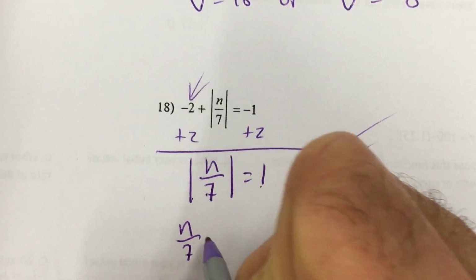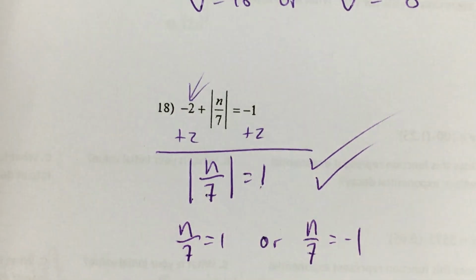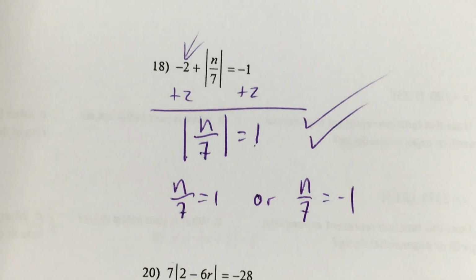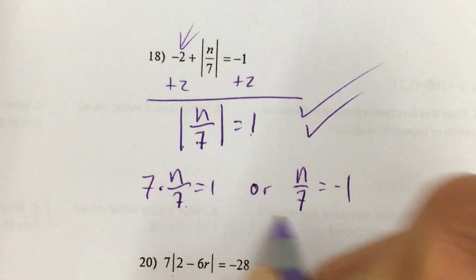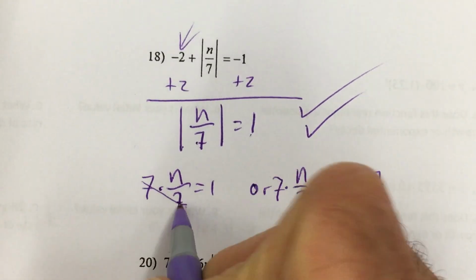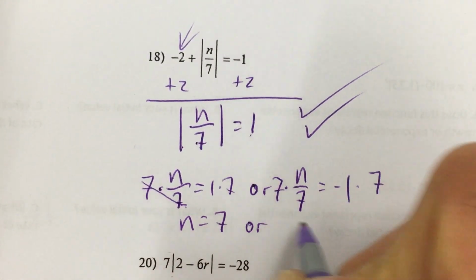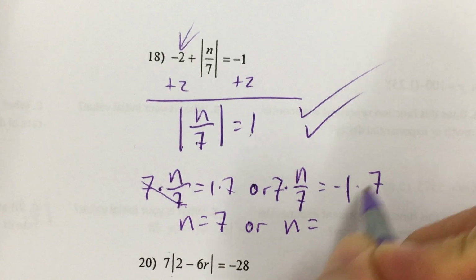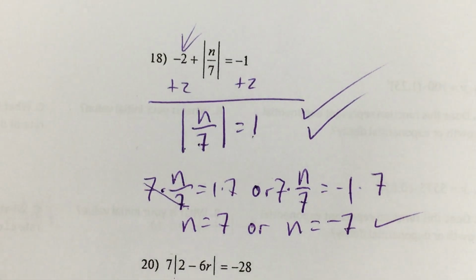N over 7 equals 1, or n over 7 equals negative 1. Multiply by 7 to get the 7 out of the denominator. Cancels. N equals 7 or n equals negative 7.